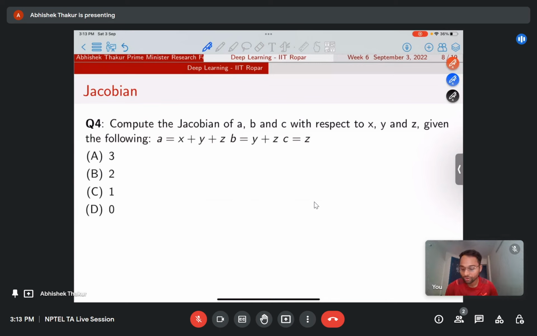The Jacobian was used in the contractive autoencoders, where we have added one more parameter. Like we have added the following regularization term in the loss function.